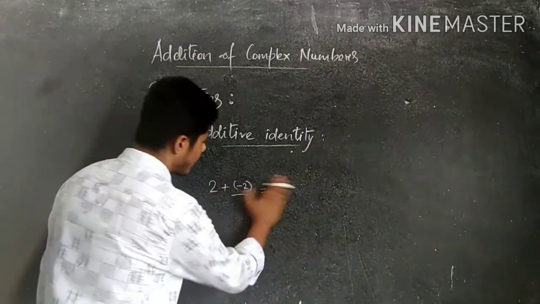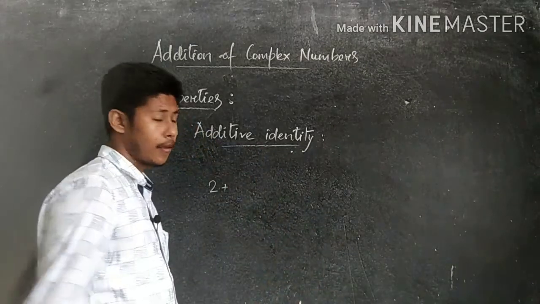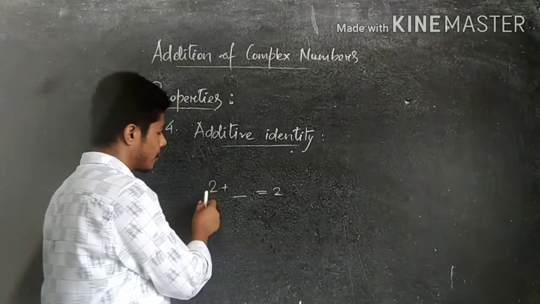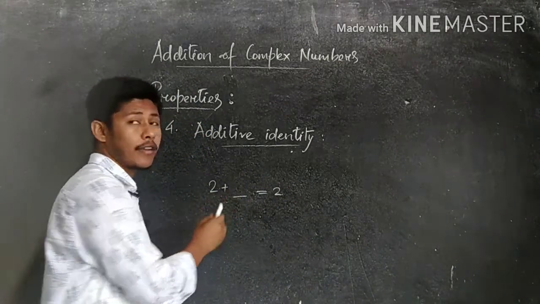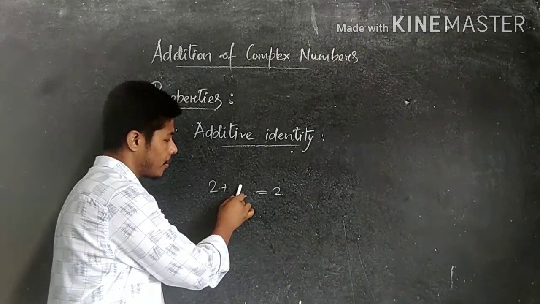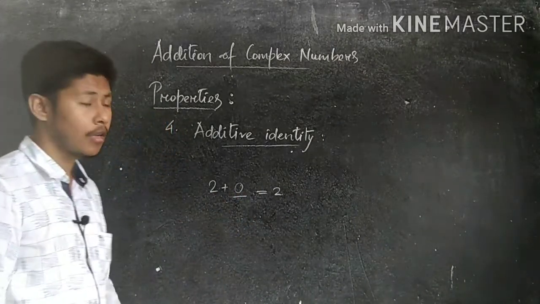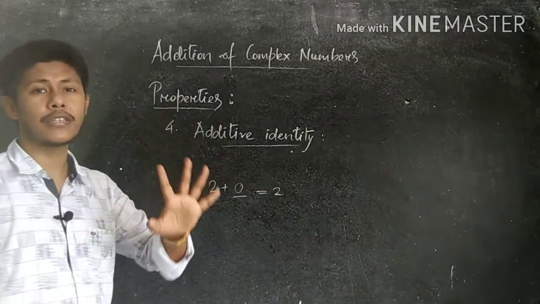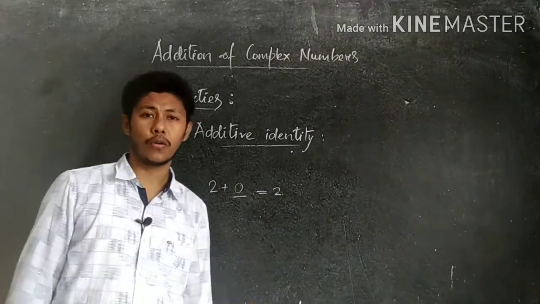Now inversely, if you see here, the question arises, how much we add here to get the result 2, then here what we have to write? We have to write 0. If we add 0 with 2, then the only possibility is that we get the result 2.